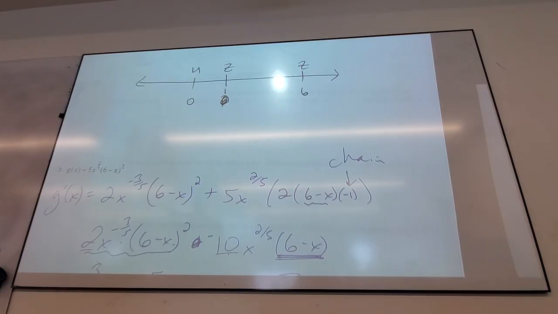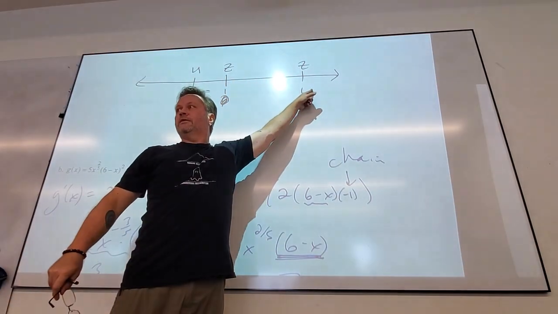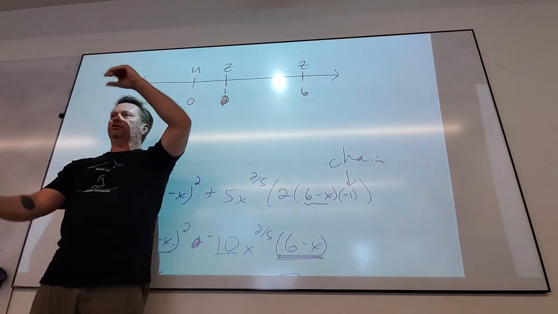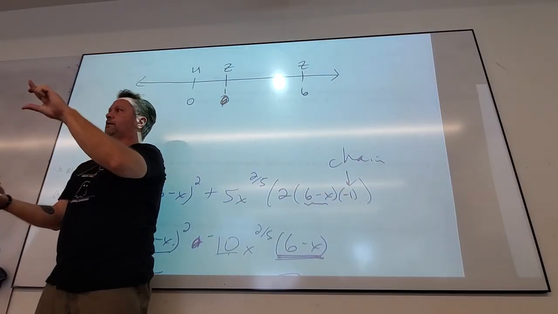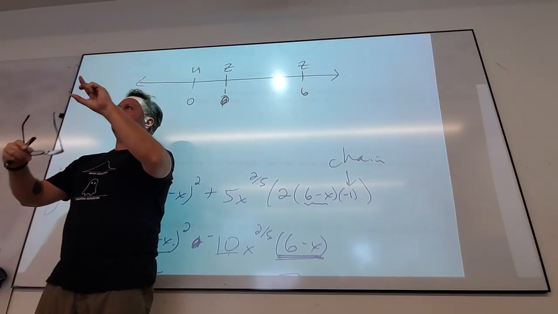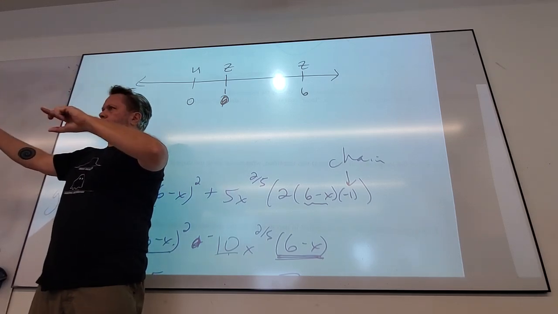So if I want to change sign, I've got to go through 0. And where are the only places it does that? Here and here, yes? And this is another place where it could potentially change sign, because weird things happen there. Okay, let me stop for a minute. I really wanted this to make sense, what we're about to do.